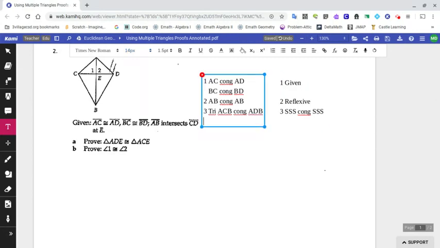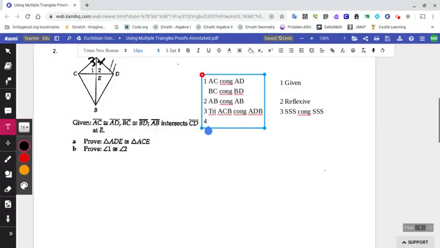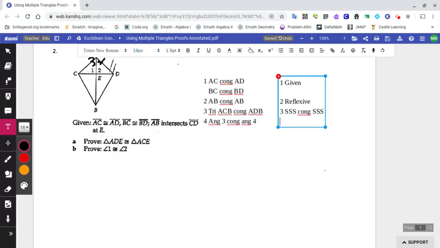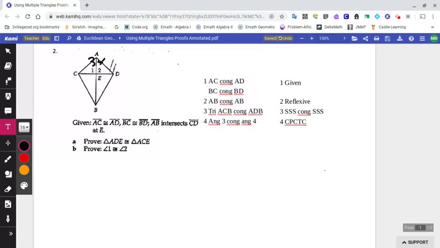Now for number 4, I can say that the two angles at the top are congruent to each other. I'm going to call them angles 3 and 4, those two angles up there. So I can say angle 3 is congruent to angle 4 by CPCTC. I've already got CA congruent to AD, and I've got those two angles.